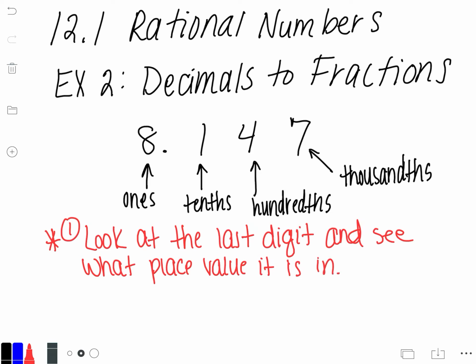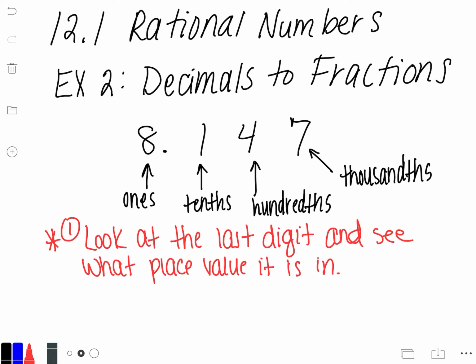So for example, this number that you see up here, 8.147, the last digit is the 7 and it's in the thousandths place. So that would be very important when converting it to a fraction, but I'm not going to use this particular example for your first example.